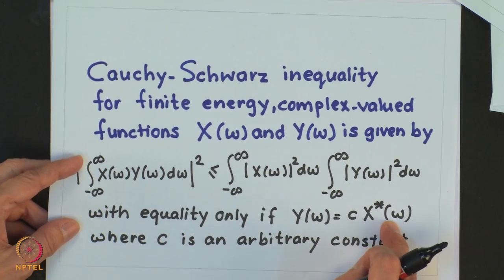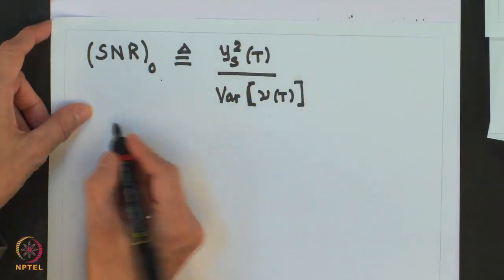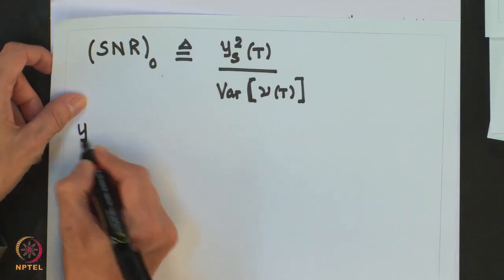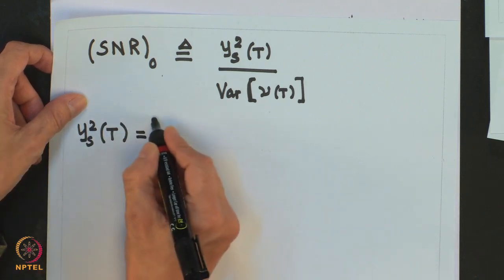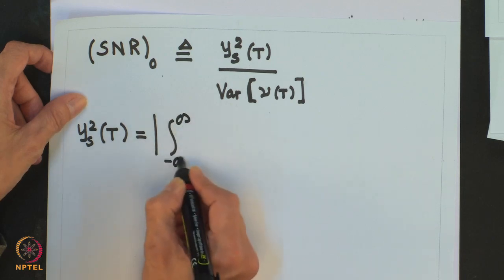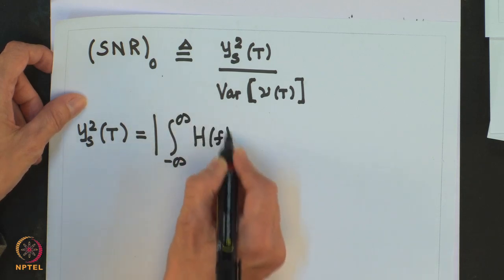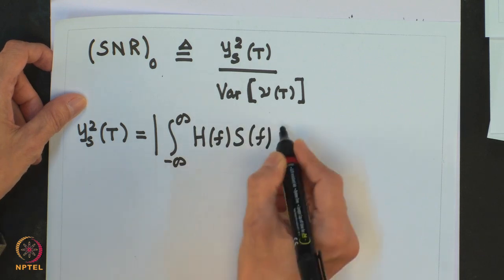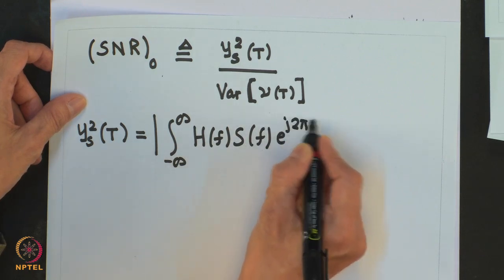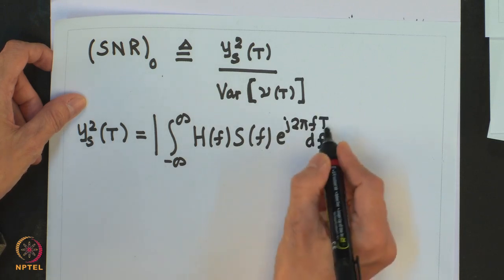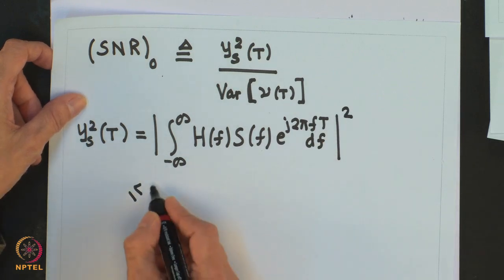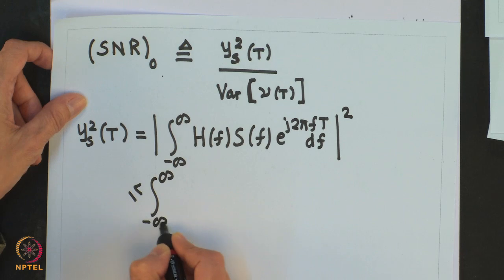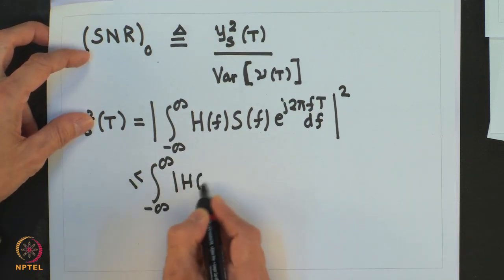So, if we use this relationship, then we can write this y_s squared(t), which is equal to the integral of H(f) S(f) e raised to j 2 pi f t df, squared. Now, this will always be less than or equal to this quantity by the Cauchy-Schwarz inequality.